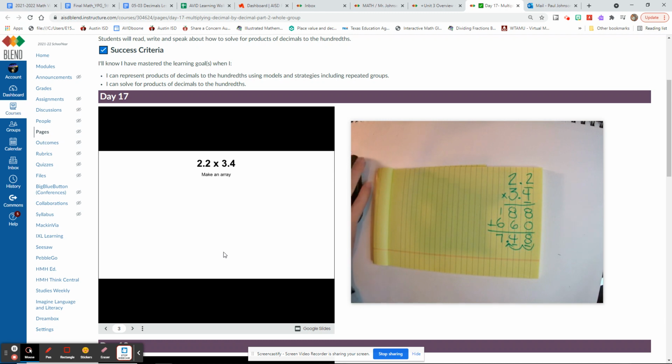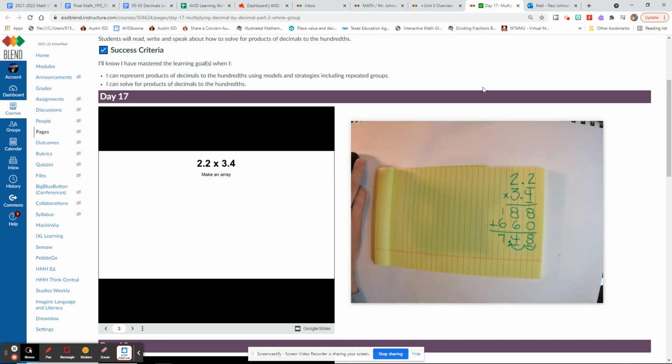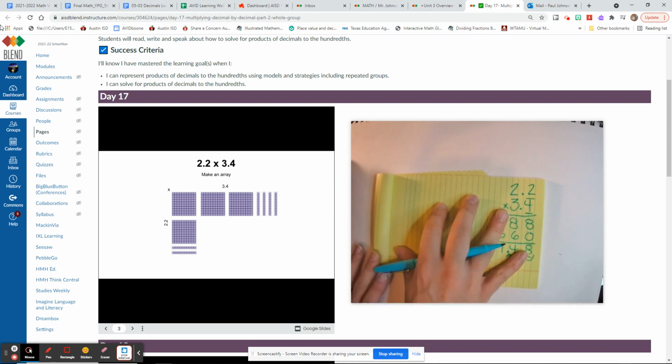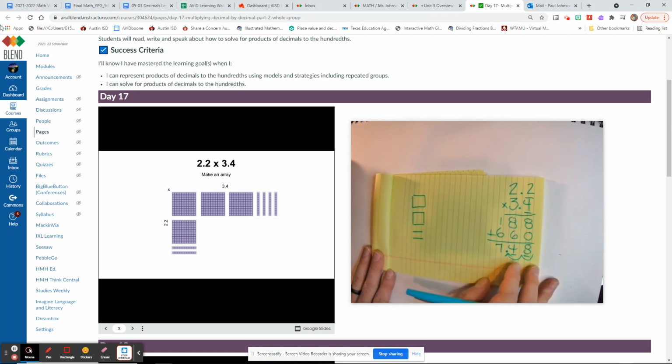Now, this is pretty easy to see with the algorithm. You know it works because the algorithm always works. But let's actually take a look at this as a picture. All right, so what they're showing you right here is we're drawing both of these numbers. So first, let's draw 2 and 2/10. So there's 1 whole, 2 wholes, and then 2/10 right there.